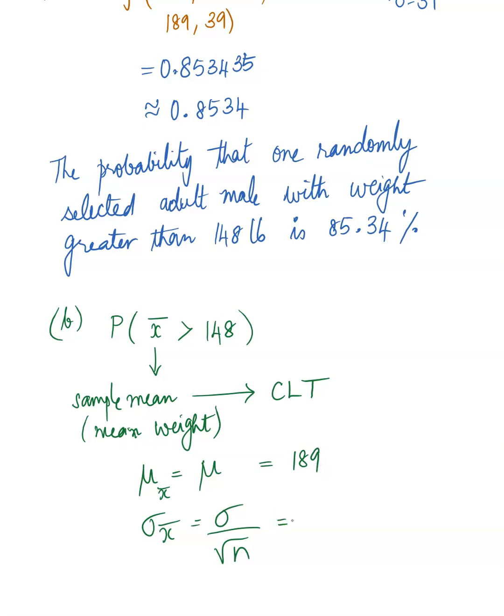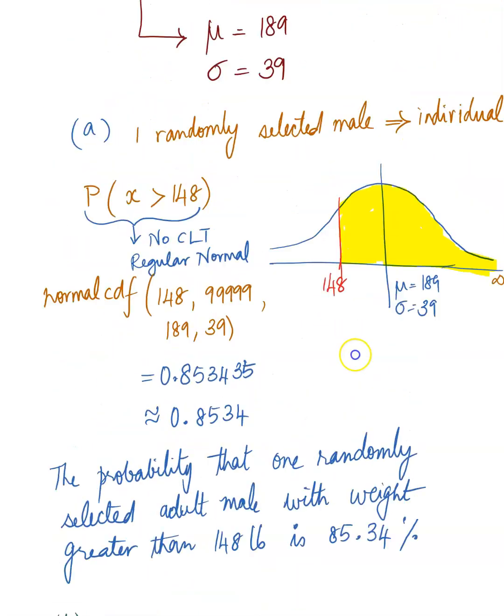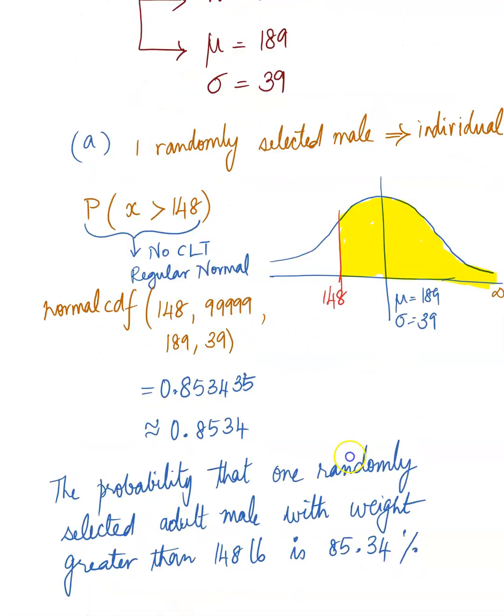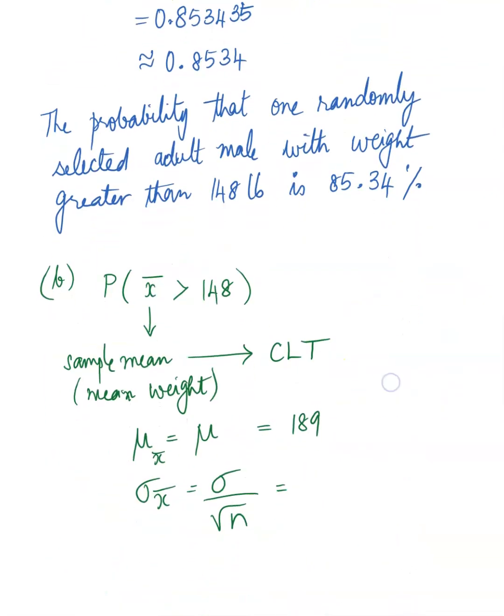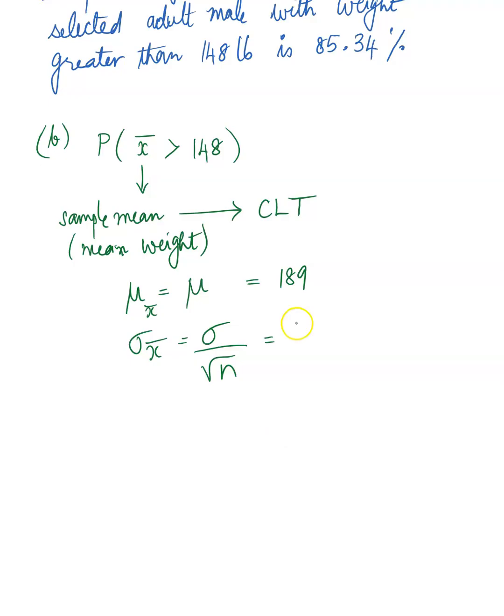But sigma x bar will be this sigma. Let me take you back here. Sigma was 39, and n is 27 males. So 39 over square root of 27. Okay, we don't have to compute this. We're going to enter this in the calculator as it is.